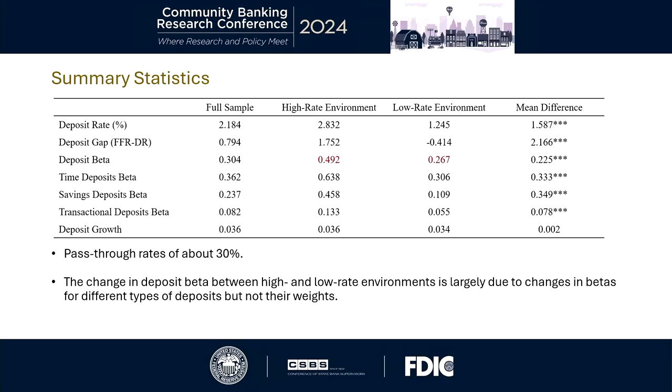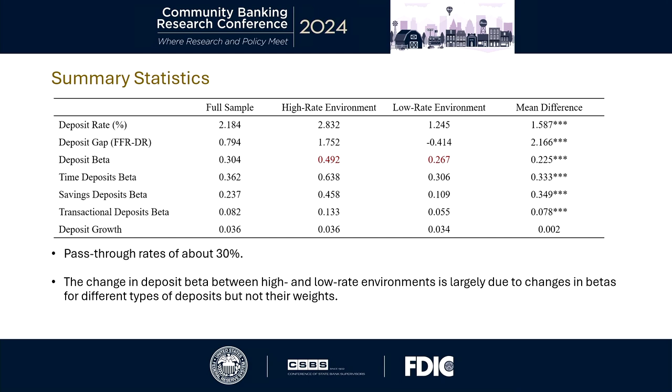With respect to our measure, we calculated these deposit betas, and deposit betas in high interest rate environment is around 49%. So around 50% of changes in effective Fed funds rate will be paid out to the depositors in high interest rate environment. In low interest rate environment, this rate will be 25 to 30%.